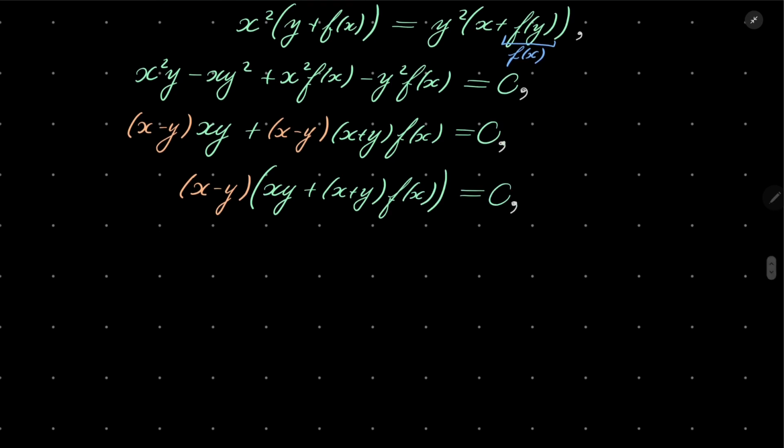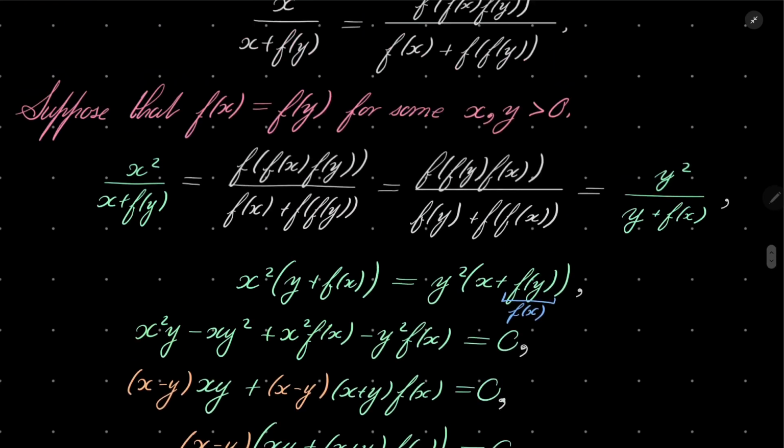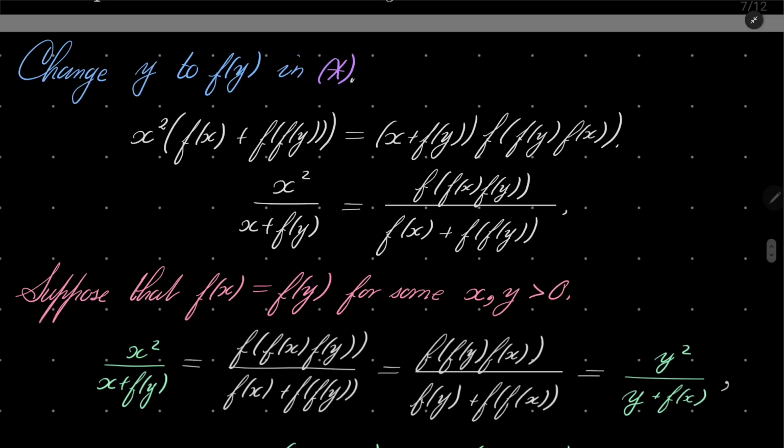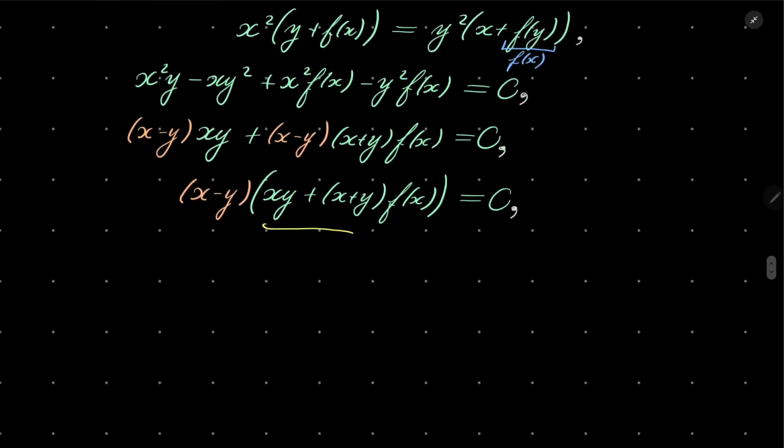But now notice that our function takes only positive arguments and returns only positive values. So everything there is clearly a positive number. So for that equation to be true, there is only one possibility, namely x must be equal to y.